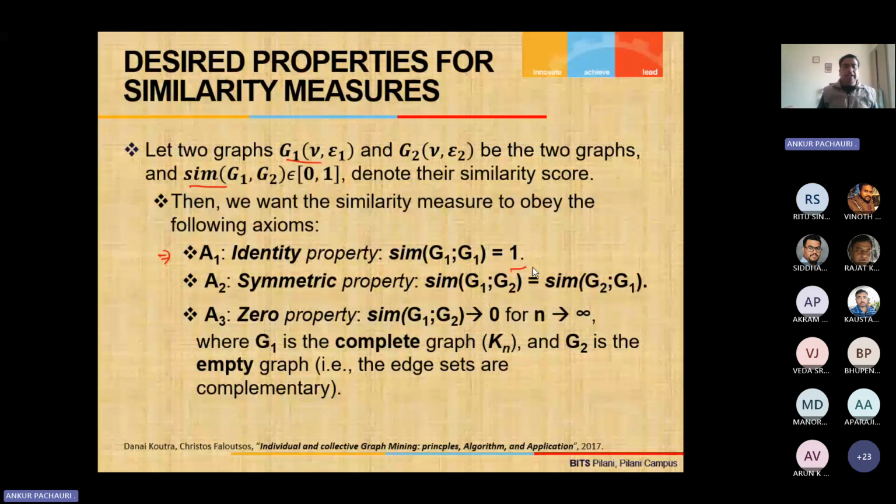The algorithm should be capable enough of identifying the isomorphic cases.